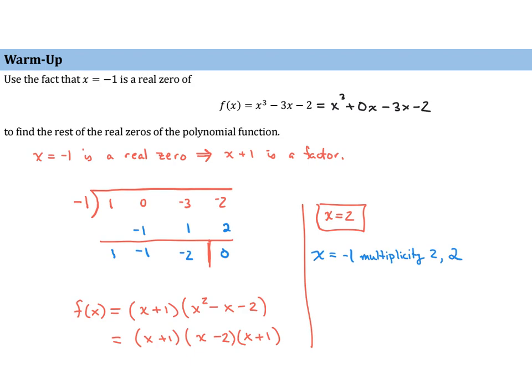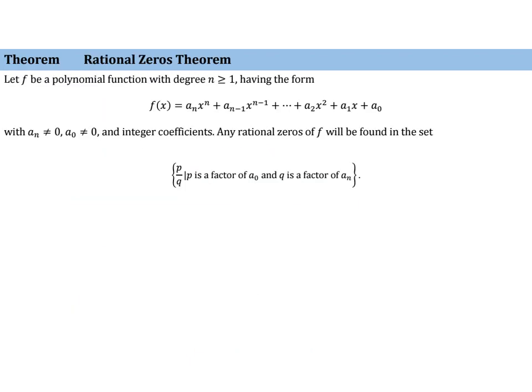So now we were able to use the fact that negative 1 is a 0 to find the rest of the zeros. What happens if this is not given to us? It turns out that if we have a polynomial function where the coefficients are integers, that means positive or negative whole numbers, then any zeros that are fractions would be found in this set.